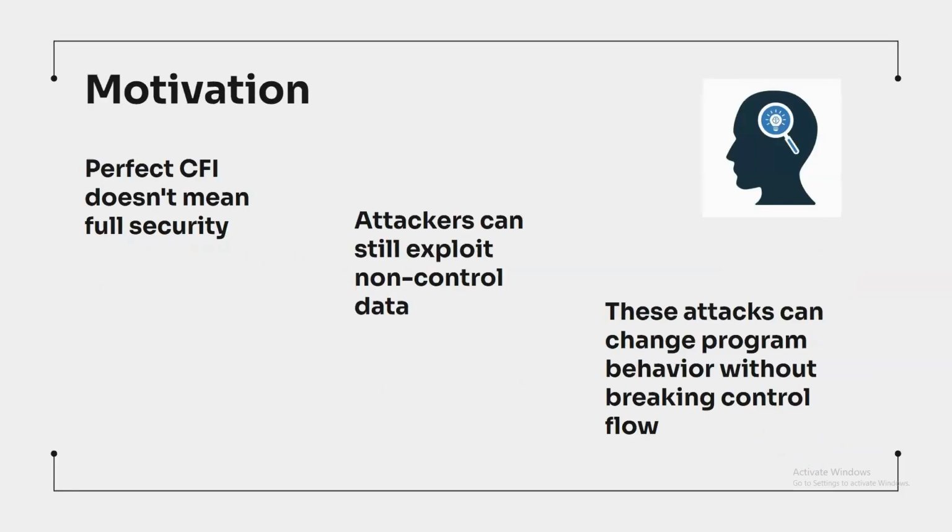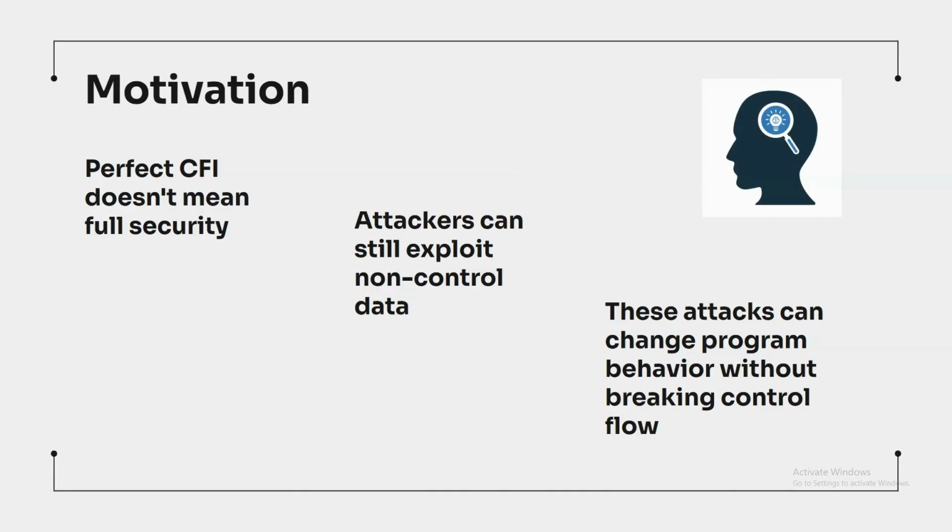These kinds of attacks, ones that don't violate control flow but still change a program's behavior, are what our project focuses on. We wanted to explore what's still possible for an attacker if we assume that CFI is perfectly enforced. In other words, if control flow hijacking is completely off the table, what other vulnerabilities remain that attackers could use?